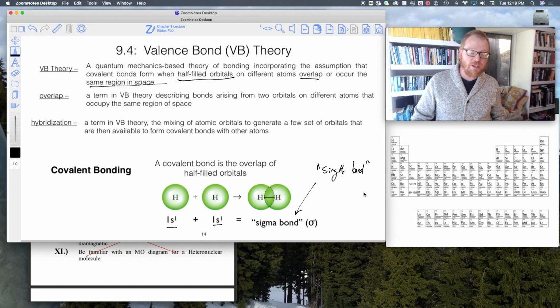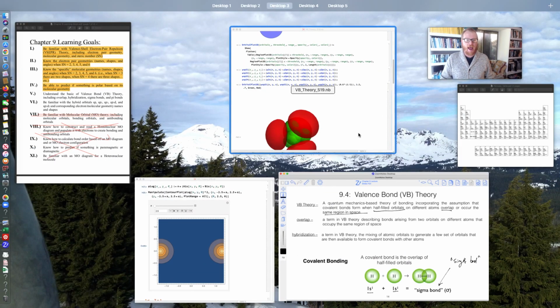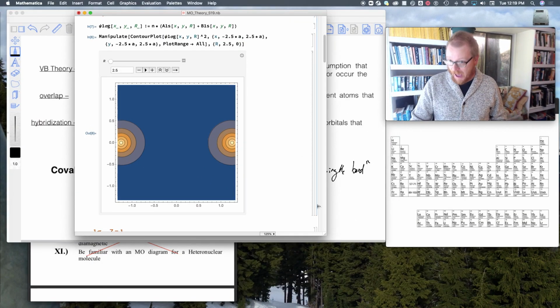I want to show you a really cool simulation that I have on a program called Mathematica. We do this in my Chem 362 class, which is quantum mechanics for chemistry majors. If you are a chemistry major, you will have me eventually in physical chemistry, Chem 361, Chem 362.